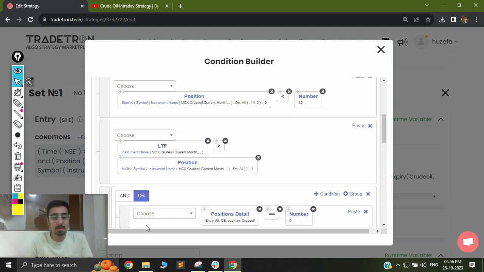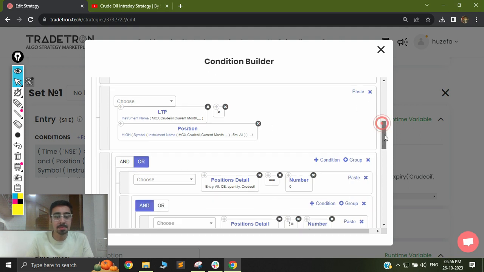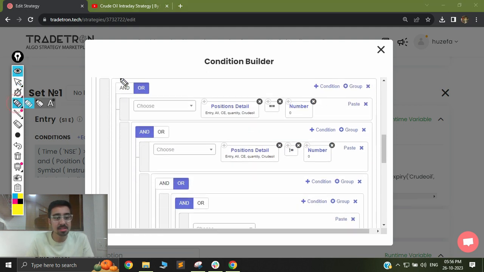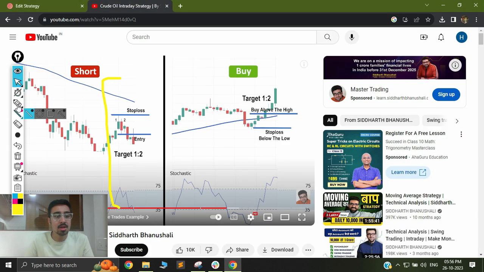I have also added this one piece of code below here. If you don't understand this code, you can just ignore it. It is important because it is possible that your entry happened at this level and your stop loss, let's say around 10 points, was hit, and at that point your entry condition was still true, so it would take an entry again, which is something I don't want.